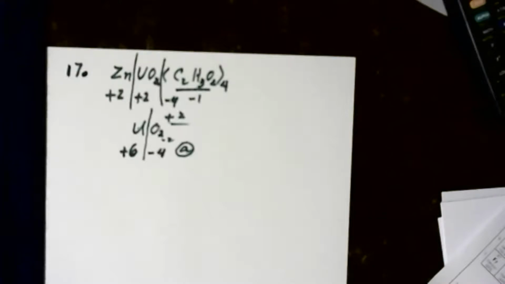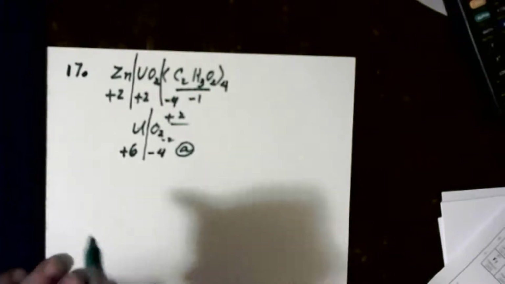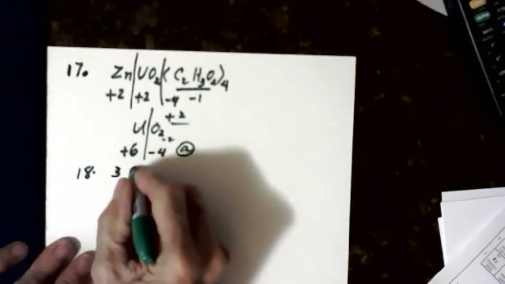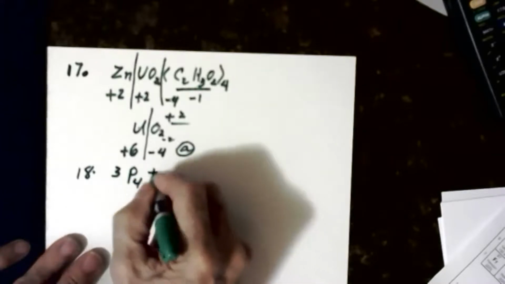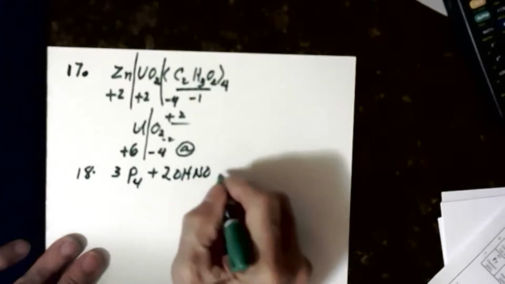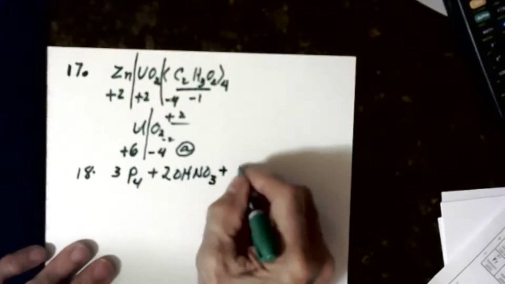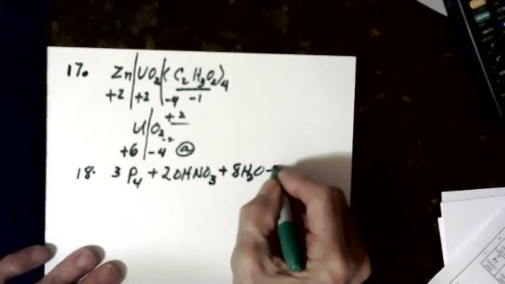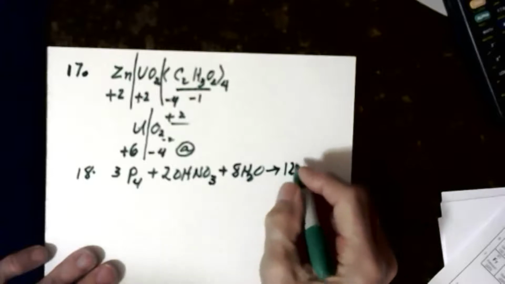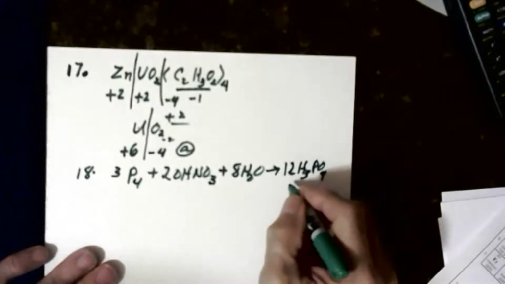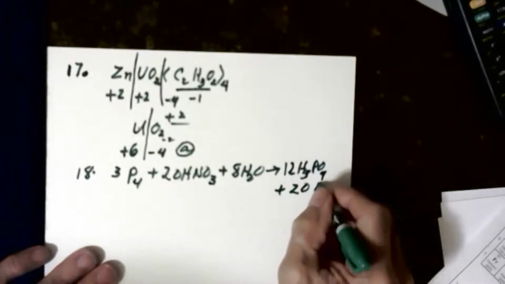All right, and now we're going to do number 18. Now, 18, and we've got the reaction is P4 plus 20 HNO3 plus 8 waters is going to make 12 H3PO4 plus 20 NOs.